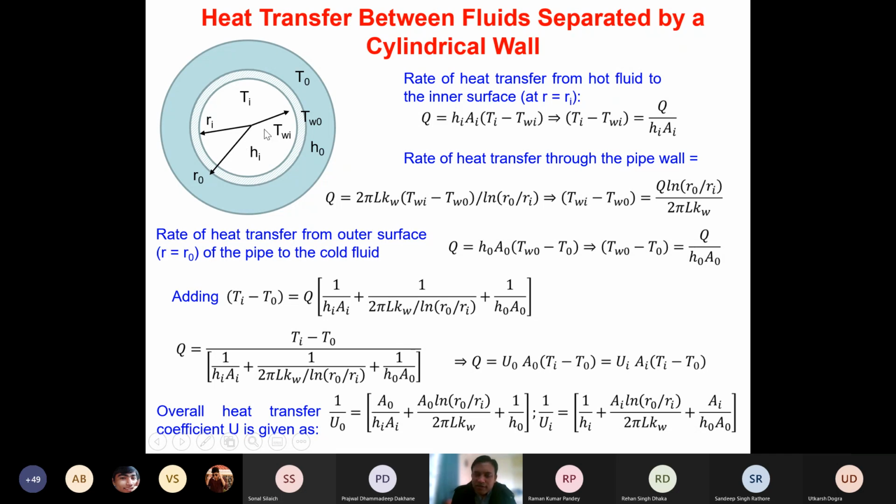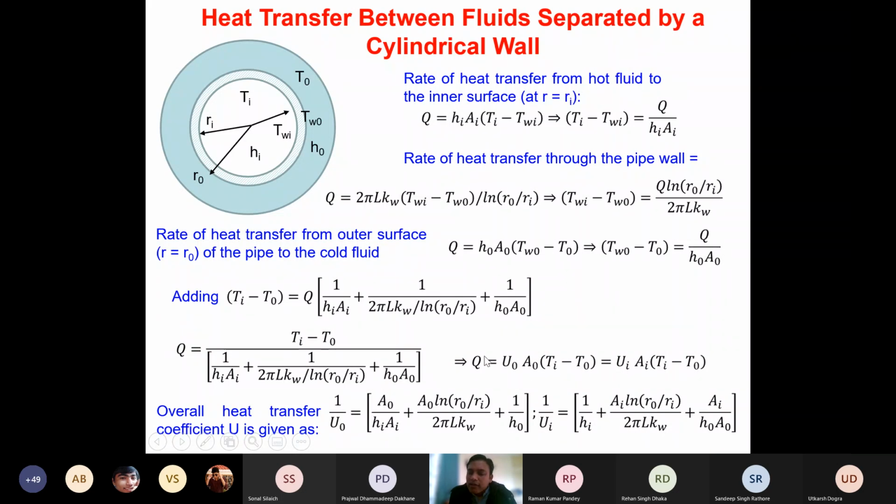So there is convection inside the pipe, convection outside the pipe in the annular region, and conduction through the cylindrical metal wall. Doing the same analysis, we get the equation Q equals U naught A naught (Ti minus T naught), or Ui Ai (Ti minus T naught).